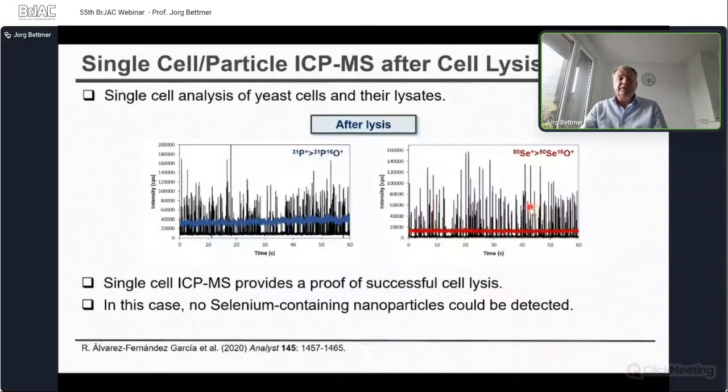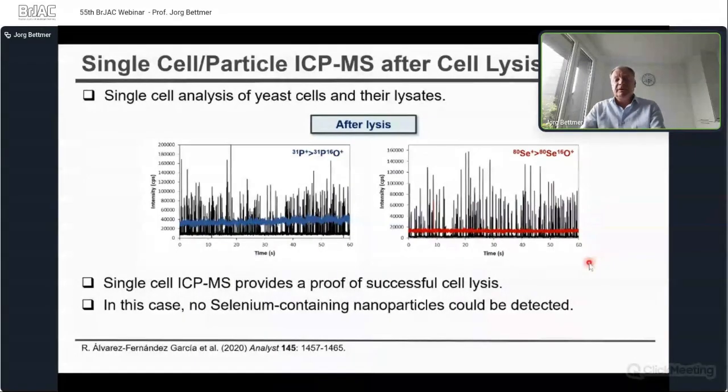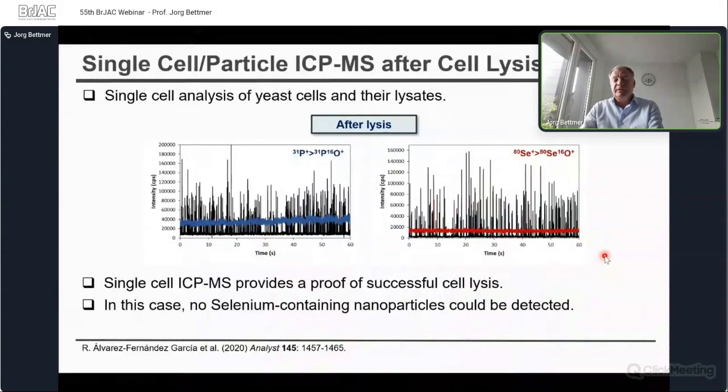So the conclusion was that single cell ICP-MS can be a very nice proof of successful cell lysis because of the detection of phosphorus. But as there were no remaining events after the lysis, there were obviously no selenium-containing particles, or particles were below the detection limit of single particle ICP-MS.